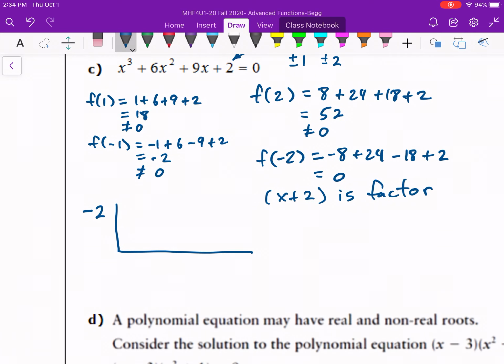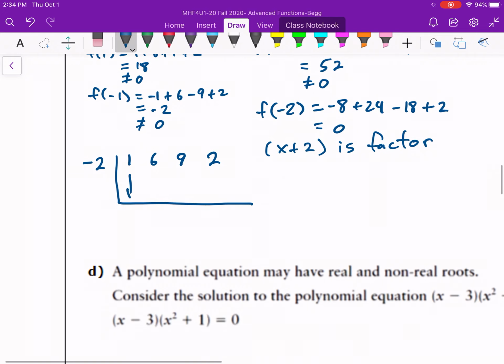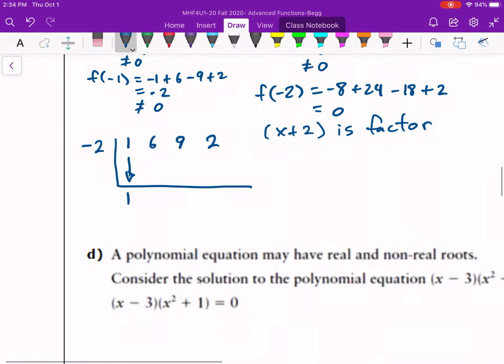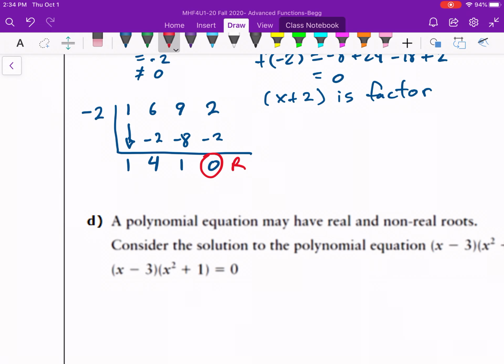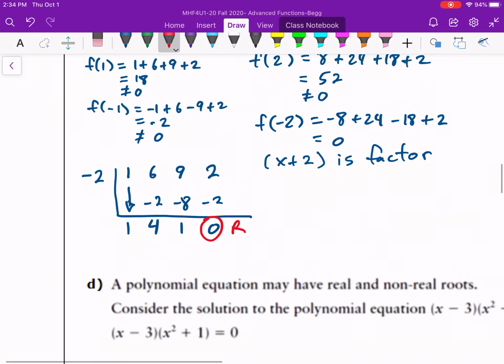So it'd be 1x cubed plus 6x squared plus 9x plus 2. So there's my coefficients. Quickly go through the synthetic division. I get negative 2. So negative 2 times 1 is negative 2. Add 4, negative 8, add 1, negative 2, add 0. Remember, this is the remainder, and the rest of it's just coefficients for what's left.